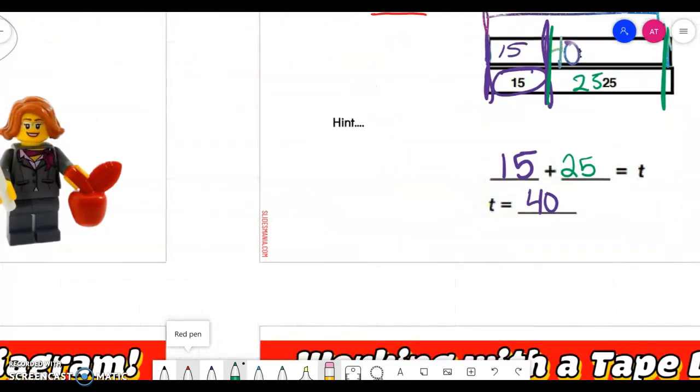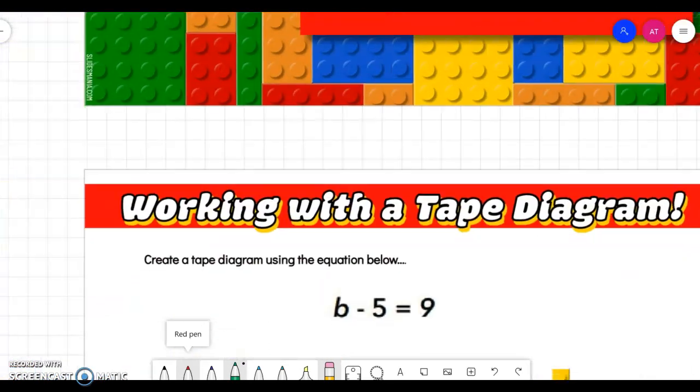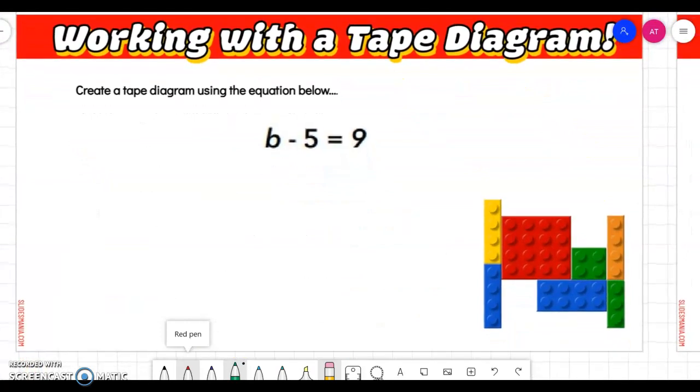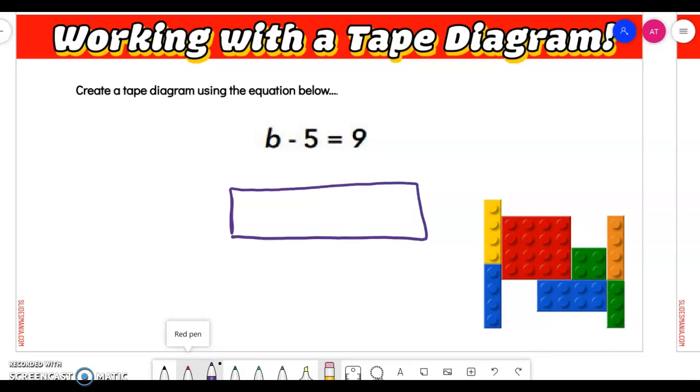So let's move on to our next example. Now we're going to create a tape diagram using this equation below. So if you recall, we need to have a large box, which is going to be my B, because I don't know what my B is. I have -5, so I'm going to draw it probably about to there.